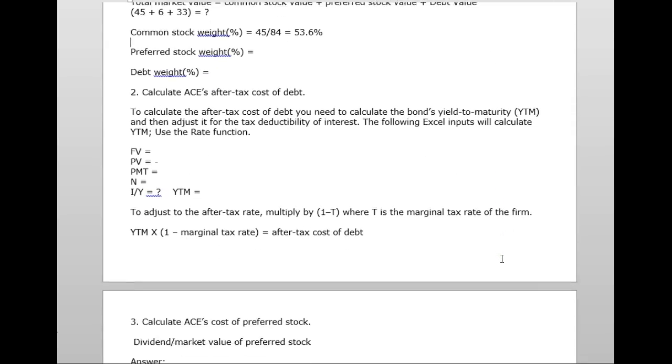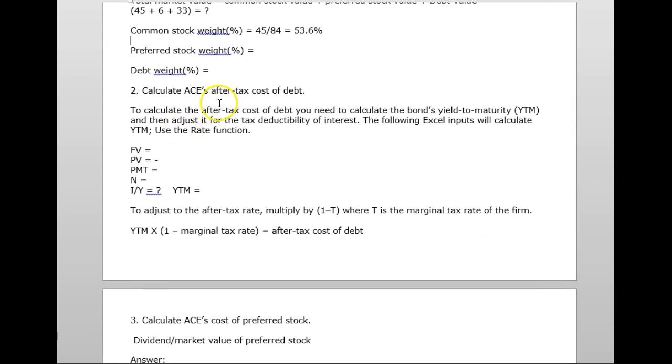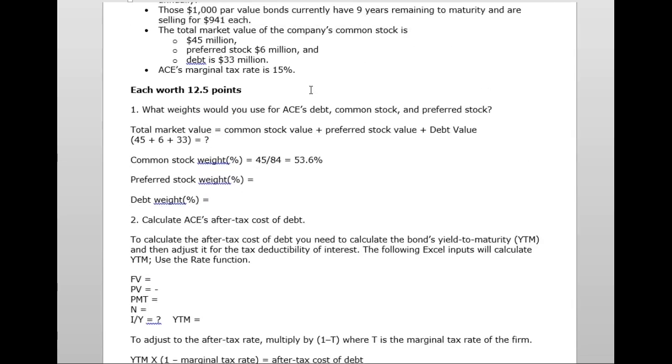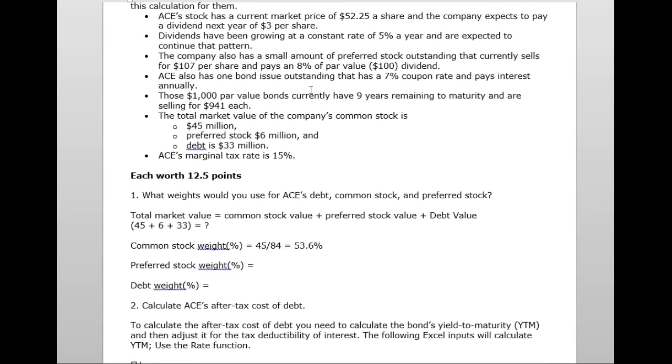Now they want us to calculate ACE's after-tax cost of debt. Now what the heck does that mean? Okay, if you go back up here, it talks about bonds, and you have one bond issued at a 7% coupon rate. It pays interest annually. That's a very important key here. They're $1,000 bonds, okay, and they currently have 9 years remaining, and each one is selling for $941.